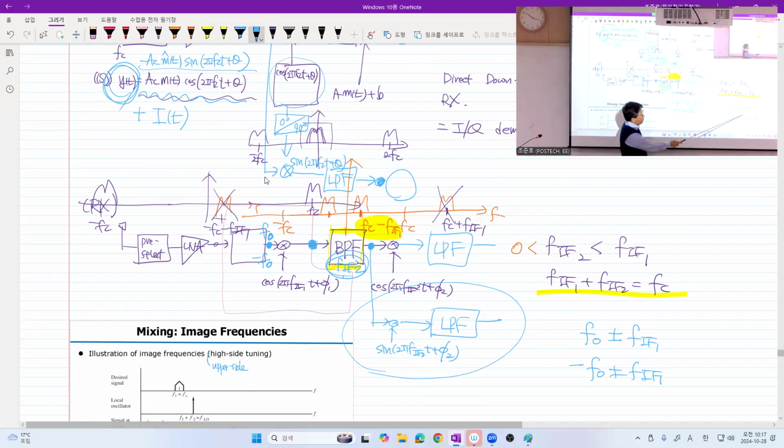If two of these four may pass the bandpass filter, then this approximate equality must hold, right? And now let's see.